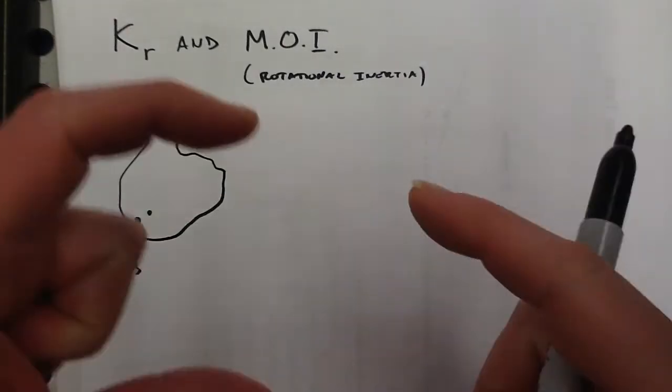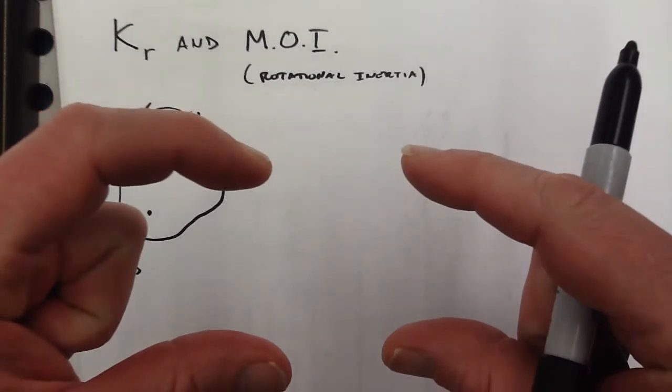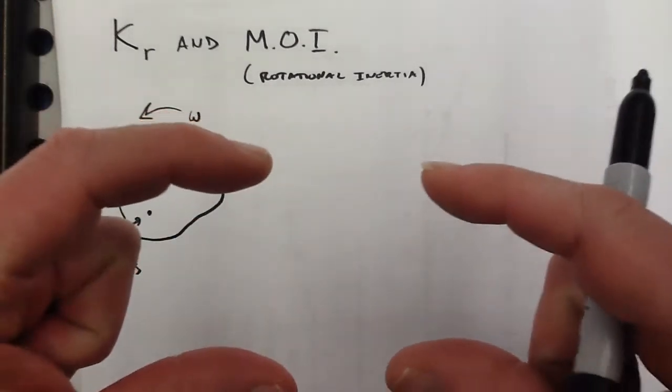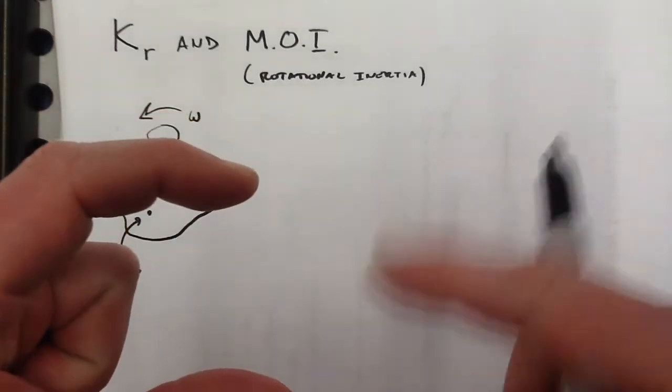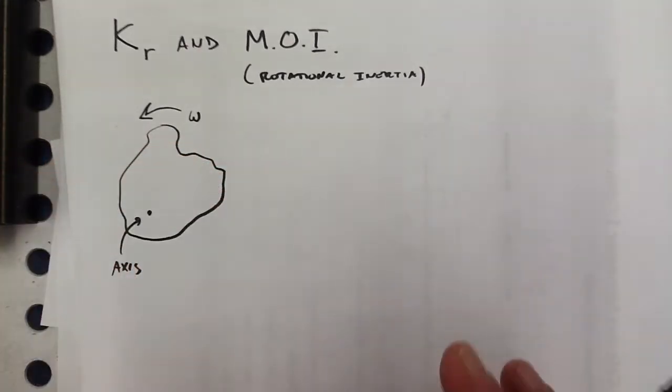But assuming that it's standing in place, it doesn't have any translational kinetic energy, but boy, that thing spinning really fast does have a lot of energy. The kind it has is rotational kinetic energy. So that's definitely a thing.